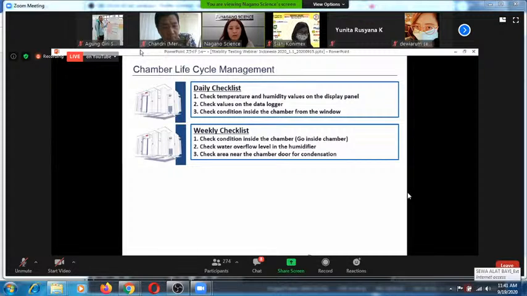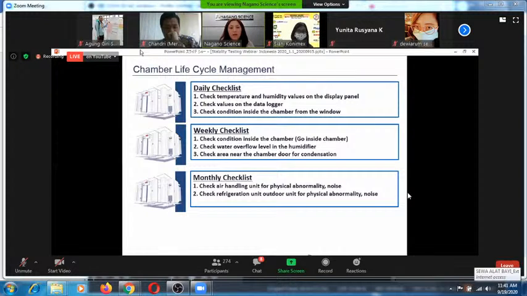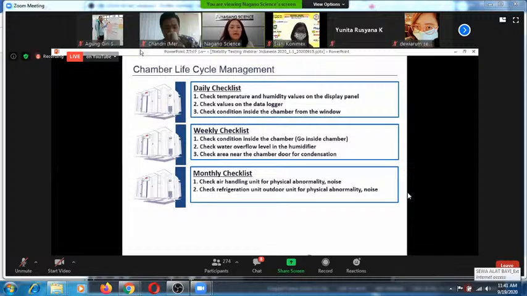And also a weekly checklist. In addition to the daily checklist, they also check the water overflow level of the humidifier, so they can continue the storage stability testing with no problem, and check the area near the chamber for any condensation or not. And the monthly check is also performed with a checklist.